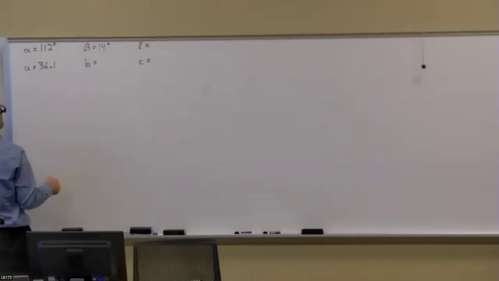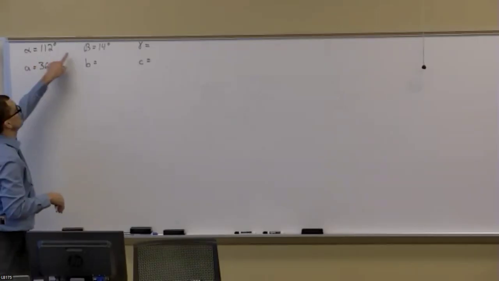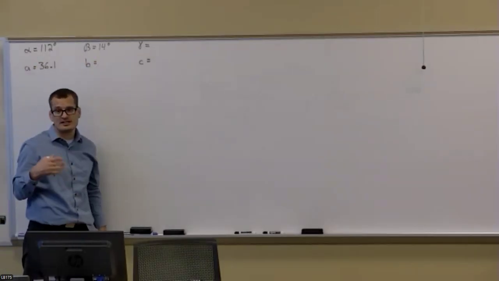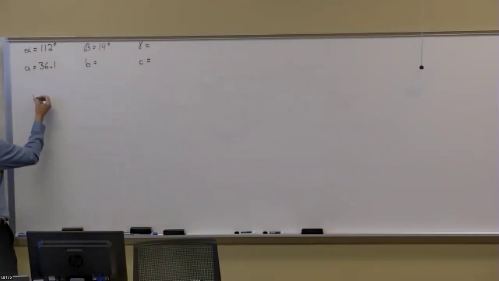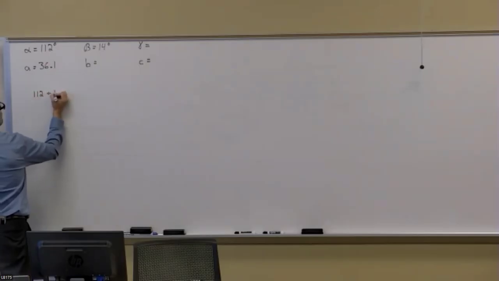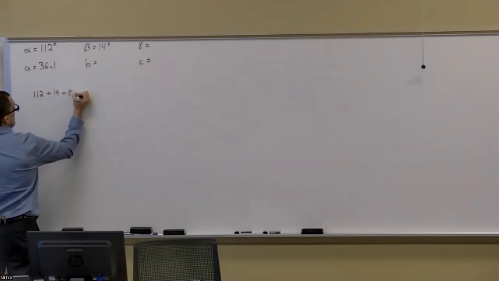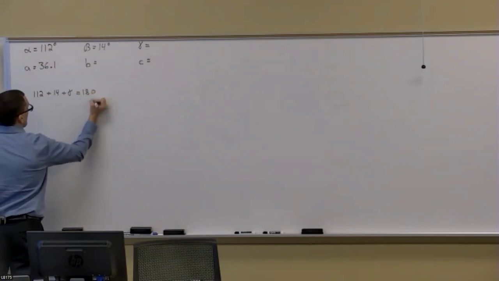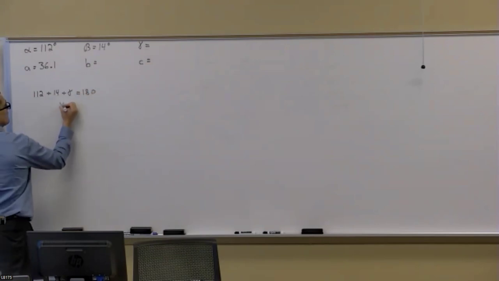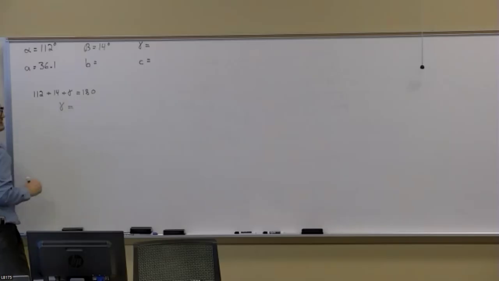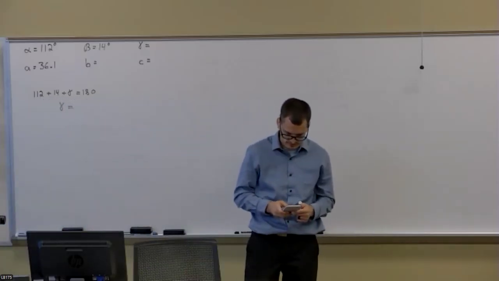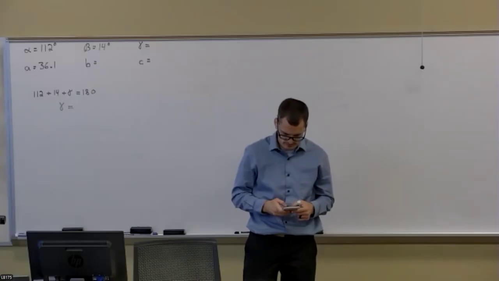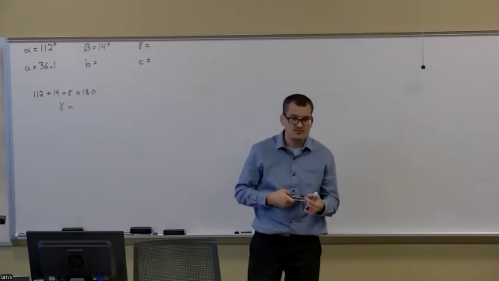Using what we know. First thing, if I'm ever given two angles, I'm going to find the third using the fact that the three add up to 180. So 112 plus 14 plus gamma have to add up to 180. Take 180 minus 112 minus 14. That's 54.